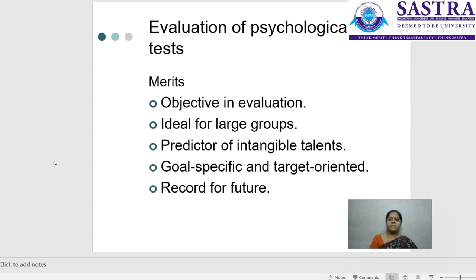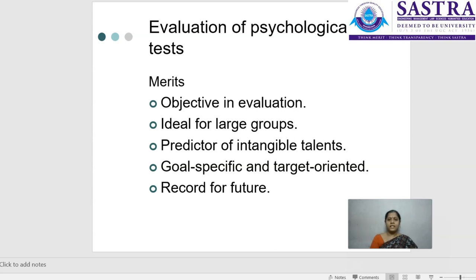When suitable candidates are to be chosen from a big pool of applicants, this selection test is a time-saving and cost-effective method. Hence we can say that this is an ideal method for large groups.